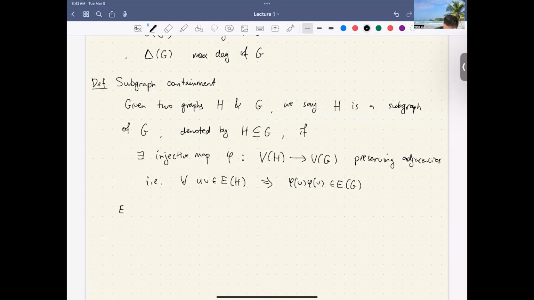Here's a very simple example. Suppose we have this four-cycle as H, and this is our G, right? Then we can do this map. Blue maps to blue, red maps to red. There are many different ways, just pick one way.